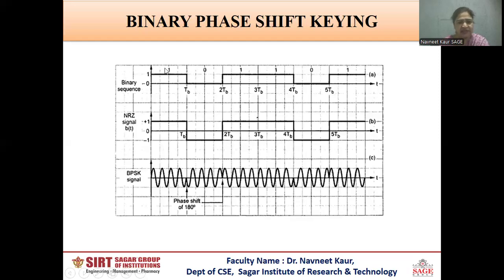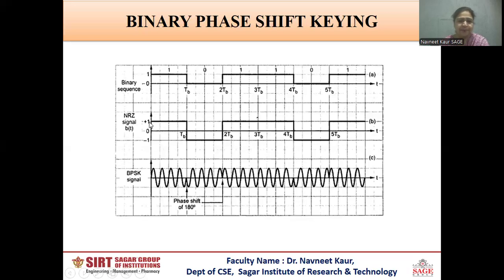Now, I can change my message signal, which is unipolar message signal, to bipolar message signal, which is also called NRZ signal. NRZ stands for non-return to zero. That means this signal will not have zero level. Instead, it will have negative level in place of zero level.